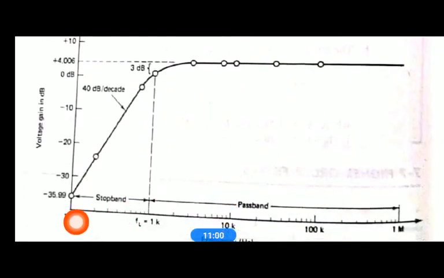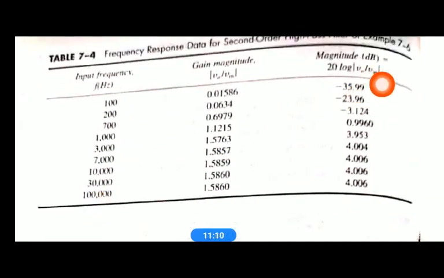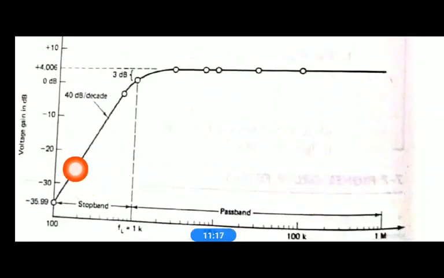For 100 hertz, you will get minus 35.99 dB. You see 100 value minus 35.99 here. Like that, for 200 minus 23.6. You see one more point made here, which is for 200 hertz, minus 23.